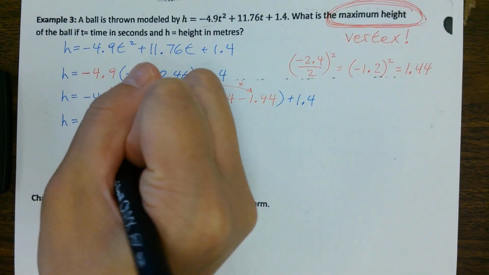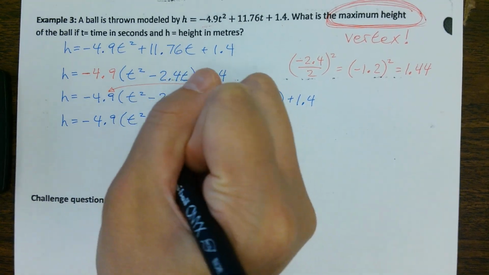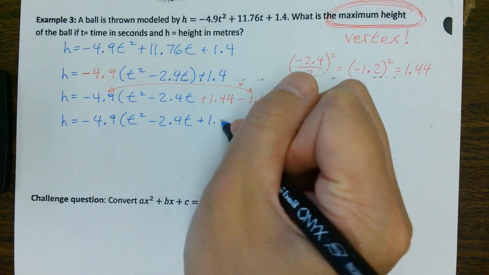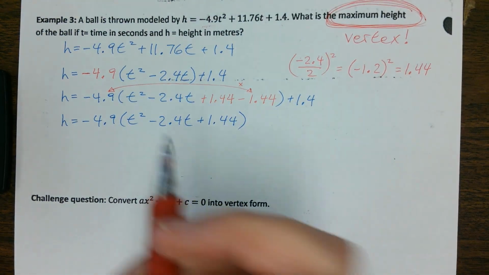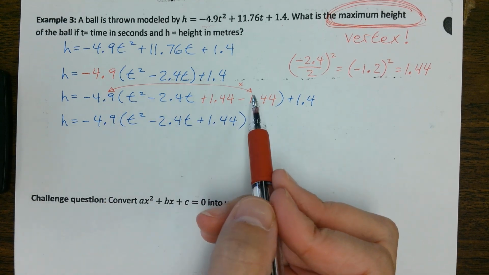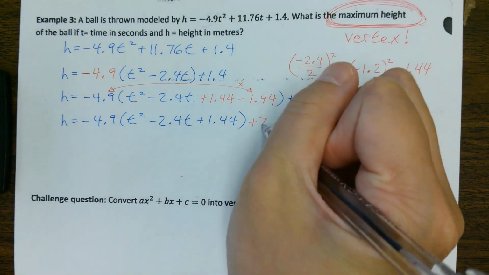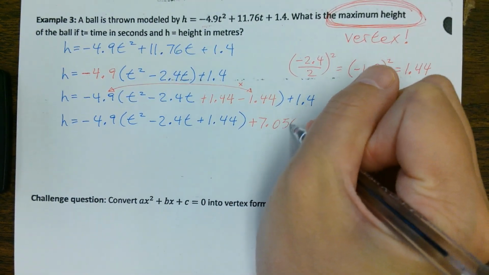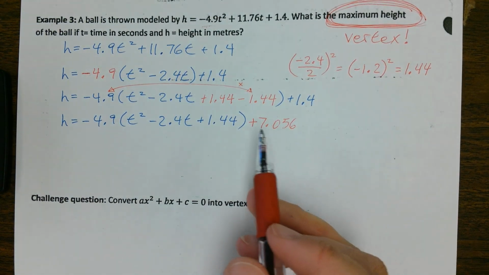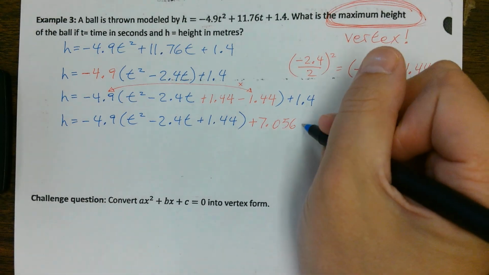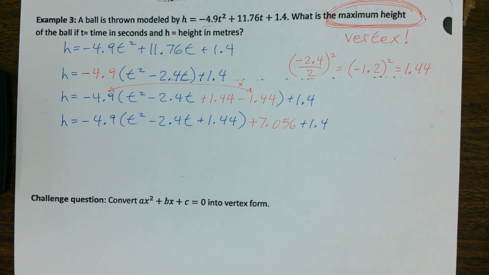So h equals negative 4.9 t squared minus 2.4 t plus 1.44. I'm bringing this outside of the bracket. So negative 4.9 times negative 1.44 gives you positive 7.056. All right. So that's why the order of the signs matters. So when you bring it out, it's now positive. Okay.